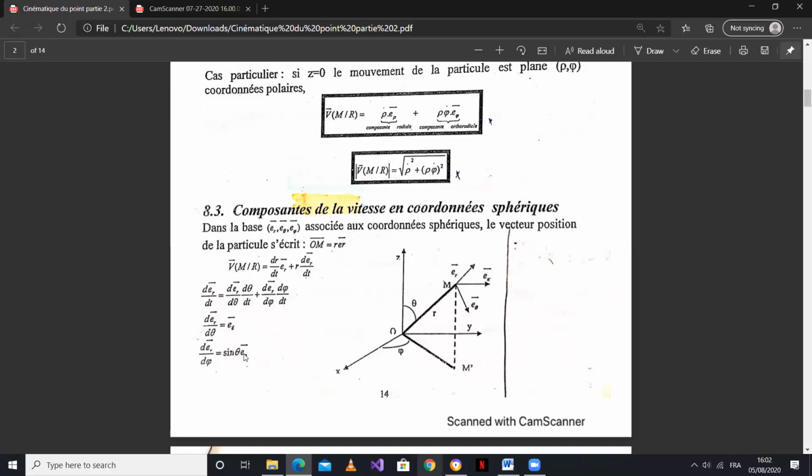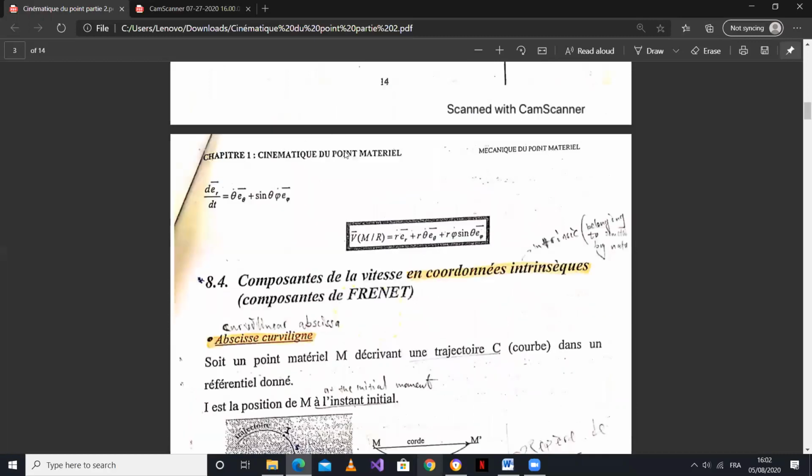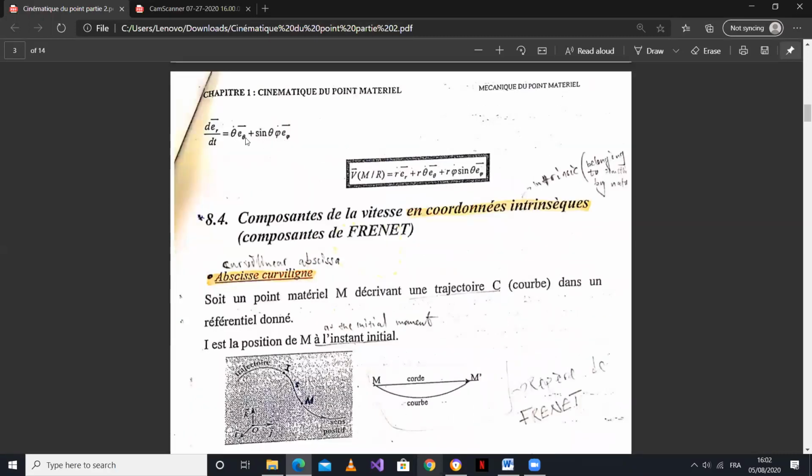So it's going to be phi point sine theta e phi, because the derivative of phi with respect to t is phi point. So we'll have phi point sine theta e phi, which is the expression we have here: theta point e theta plus sine theta phi point e phi. That is the final expression for the velocity in spherical coordinates.